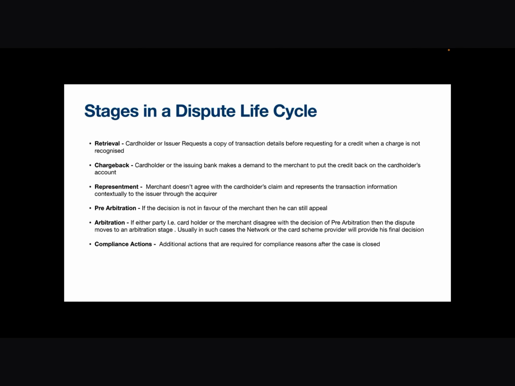Okay, moving on. The next stage is the representment stage, where the merchant might disagree with the cardholder's claim, and the merchant says, "Well, I think this is a legal transaction, and I had provided these goods and services to the cardholder." And he provides all of that information in a contextual way, right?